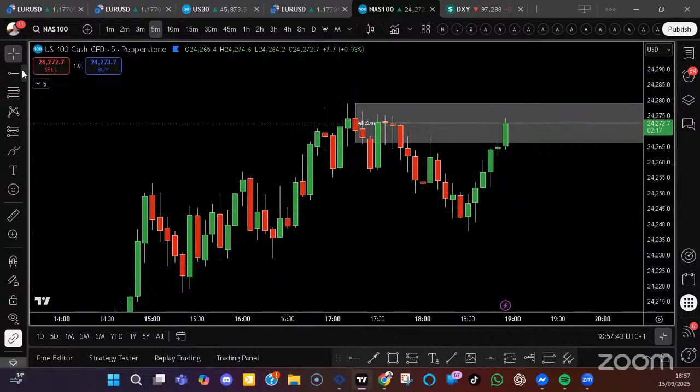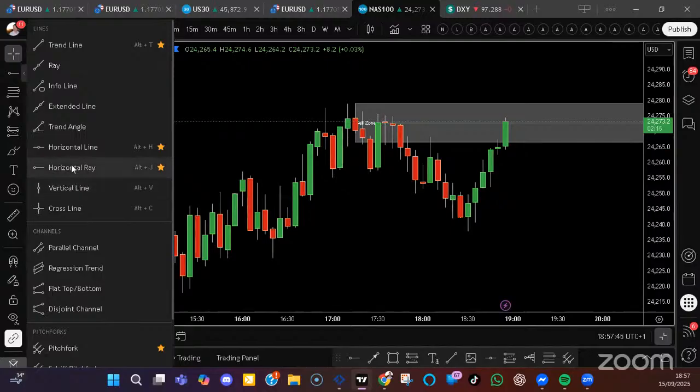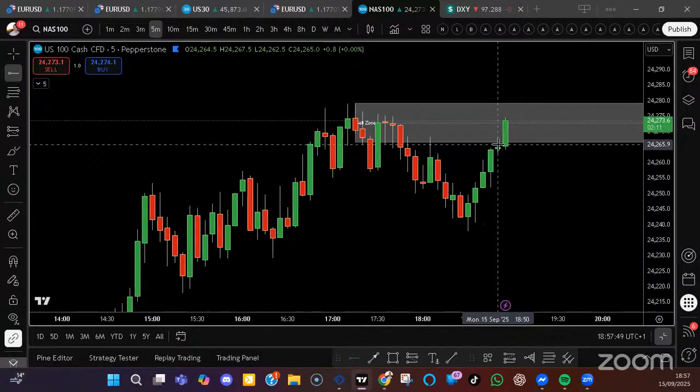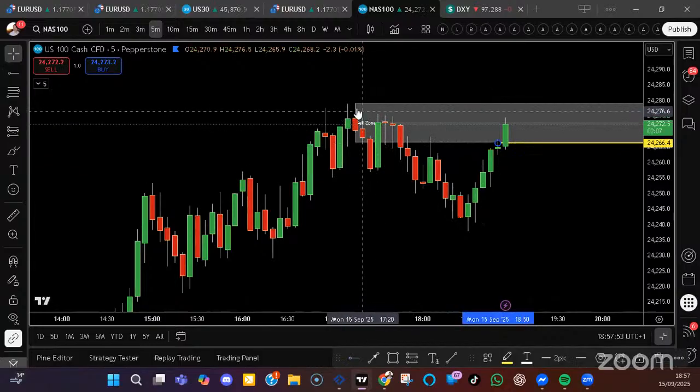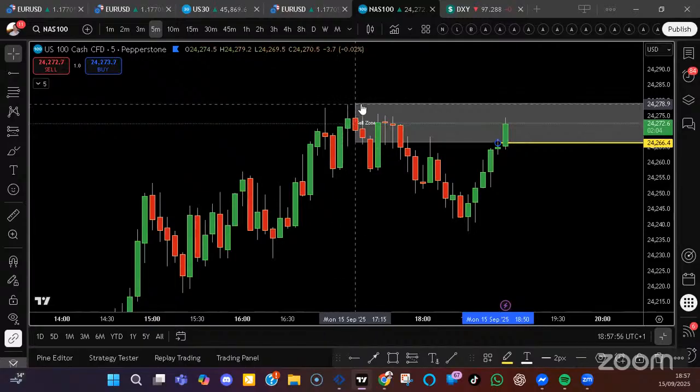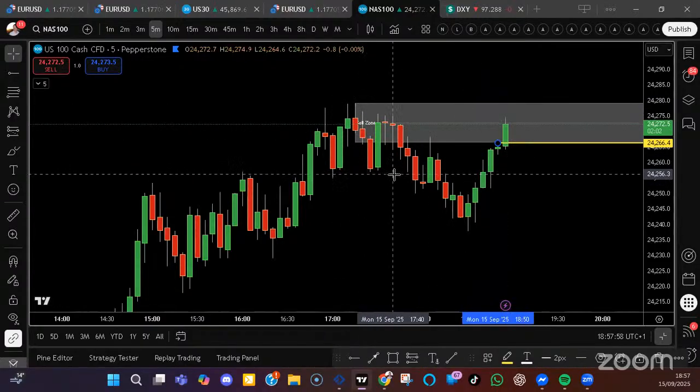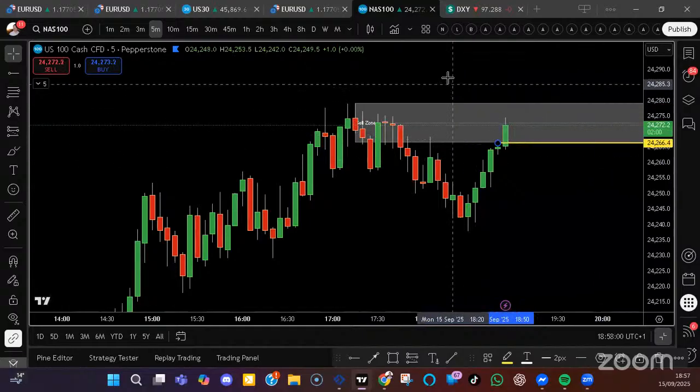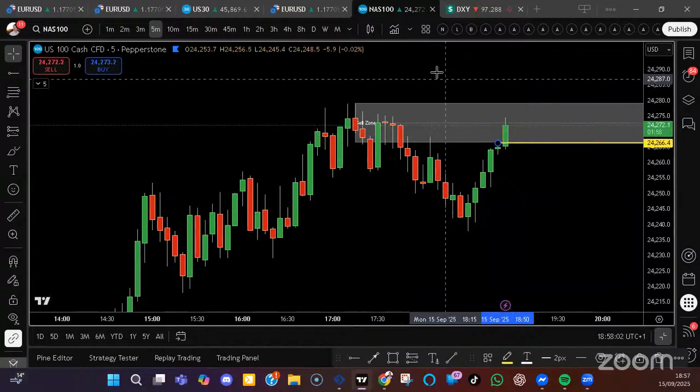Incidentally, US 100, also known as the NAS 100, is at an all-time high. Show you that in a minute. This is actually the all-time high it's ever been. So we wouldn't want to take any buys because we just haven't got any data for going any higher.